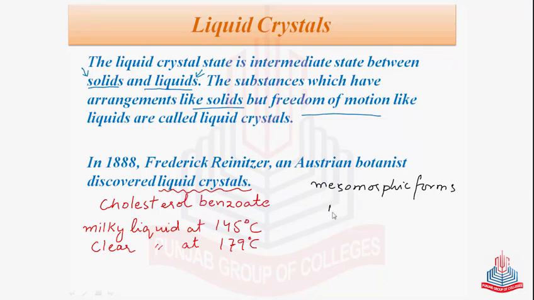Actually, what is turbidity? Turbidity means very fine particles which just pass through the filter paper. They are not insoluble large particles. This turbid phase is actually because of the liquid crystals having the properties of the liquids as well as the properties of the crystalline solids.